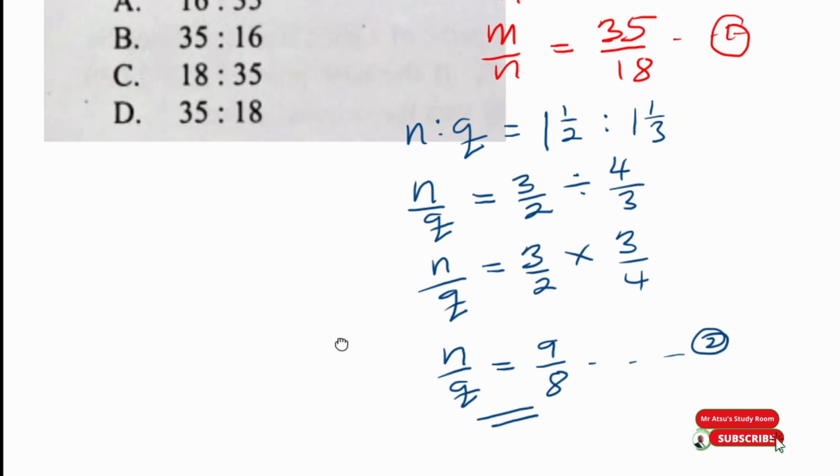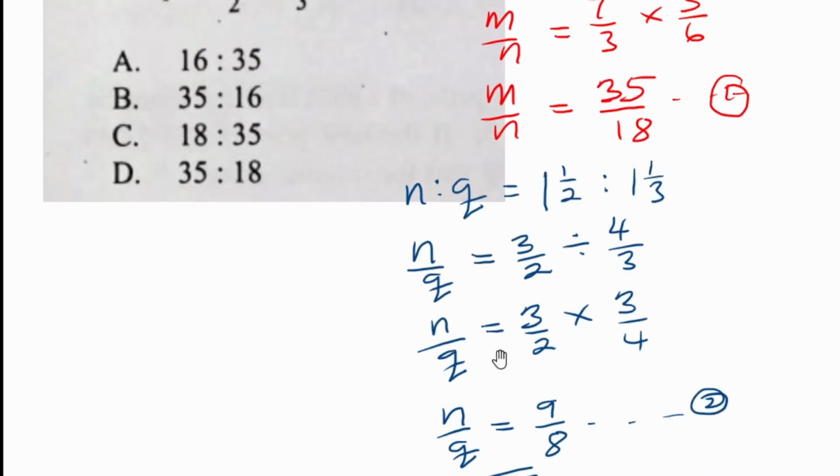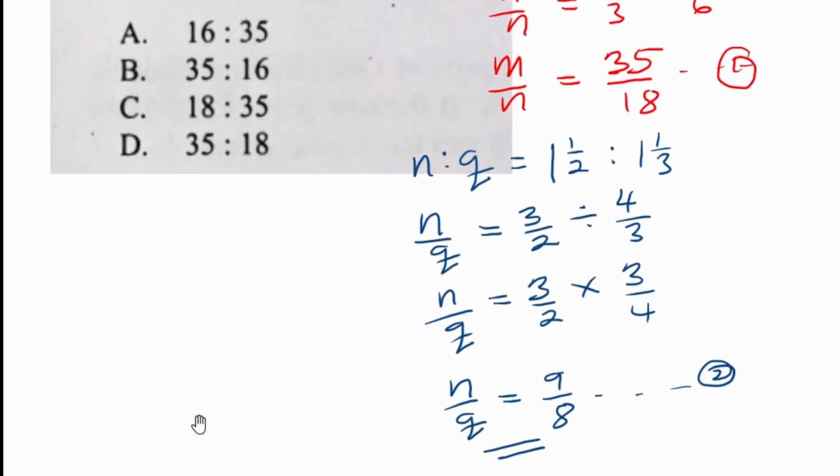But then coming back to the question, we are asked to find q over m. And equation 1 times equation 2 will give us m over q, which is the same as m is to q, and the reciprocal of that is going to be q to m. So let's try that and see.